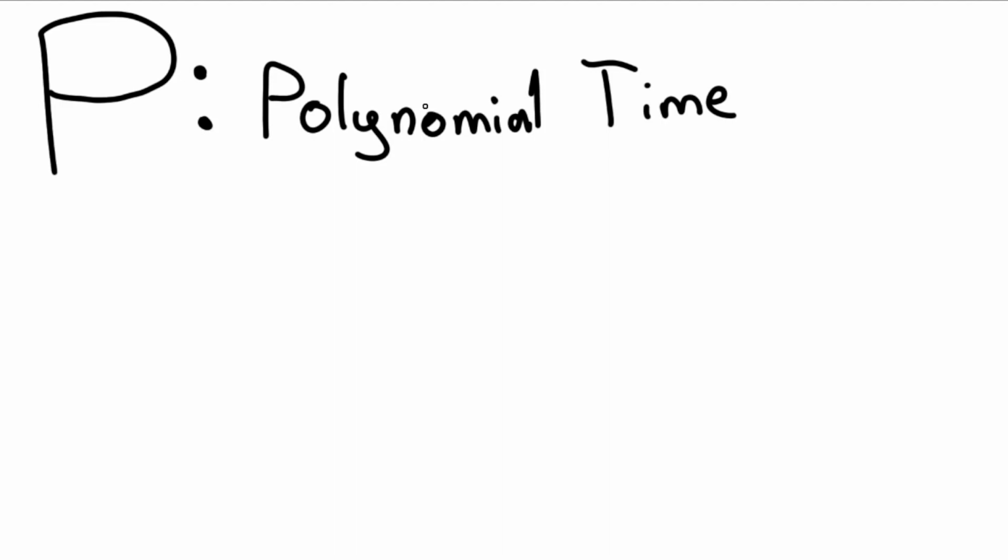Polynomial is a word from Latin: poly means multiple, and nomial means names, so many names time. This won't tell you a lot. But a P problem is a problem with a solution that is easy to find.